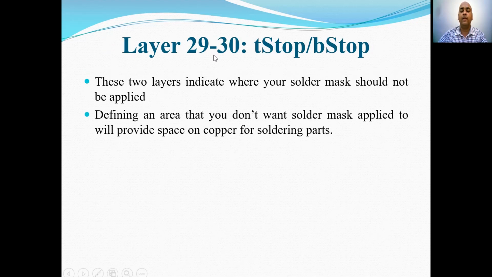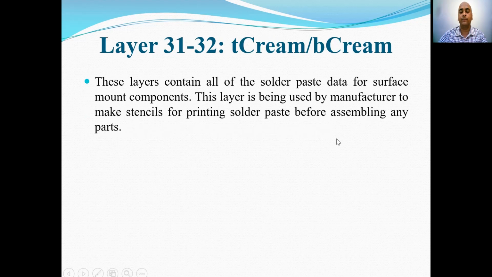Layer 29 and 30 are called top stop and bottom stop. These two layers indicate where your solder mask should not be applied. Defining an area that you do not want solder mask applied to will provide space on copper for soldering the parts.